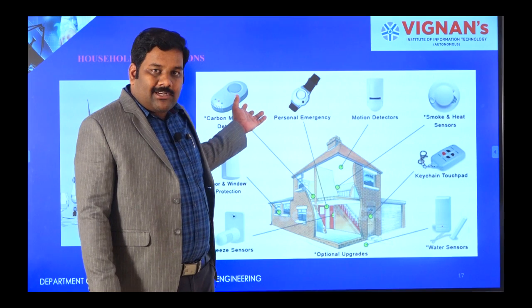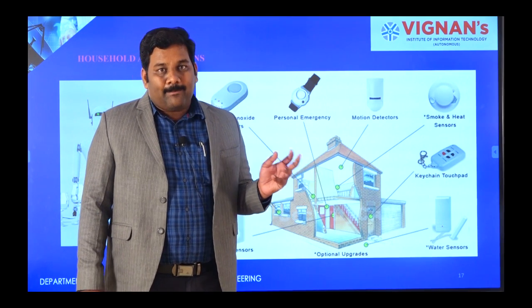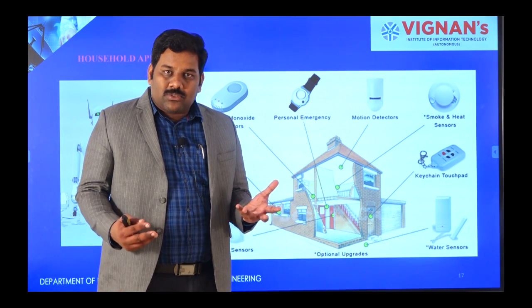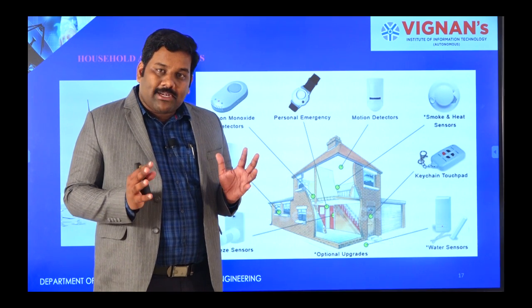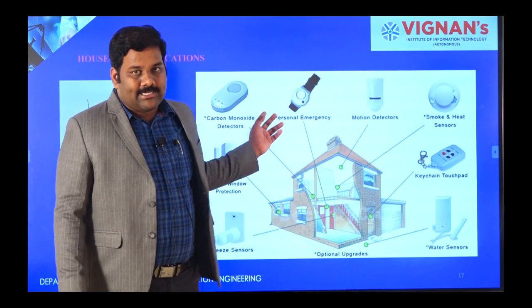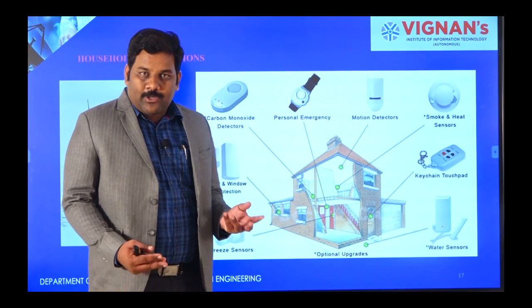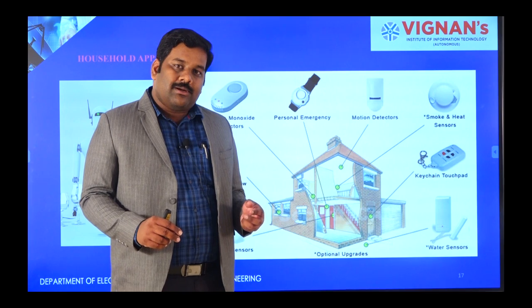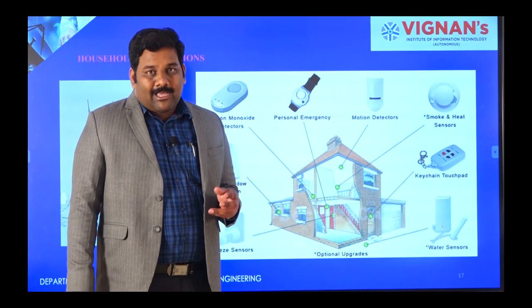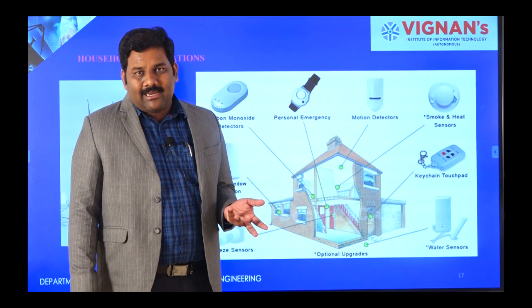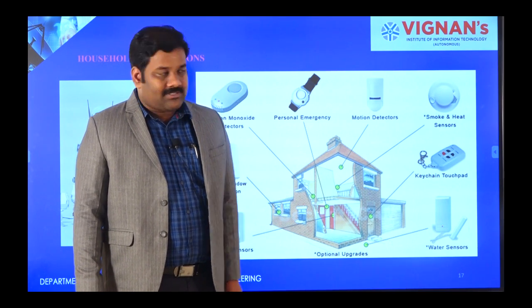If this sensor buzzes, it means your house has a large quantity of carbon monoxide. Then you need to open your doors or switch on your ventilation system, and the carbon monoxide will go out, and then as usual we can live our lives.